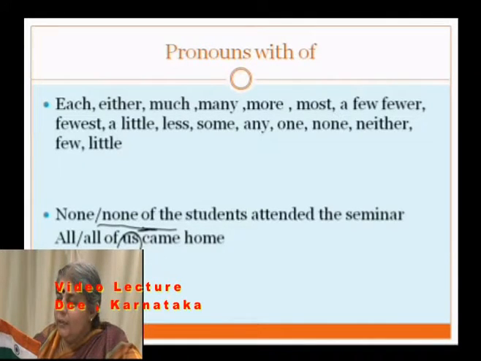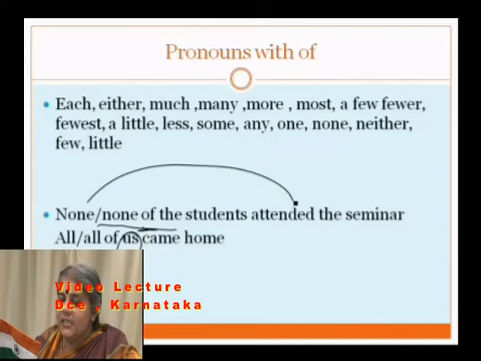Similarly, I will give you an example of the word few. Few of the people liked this project, or few liked this project. None attended the seminar, or none of the students attended the seminar. All came home, or all of us came home.